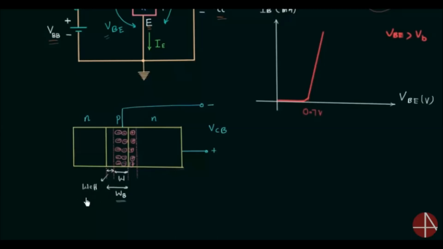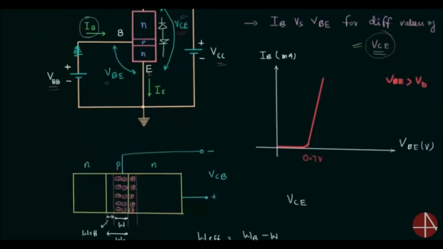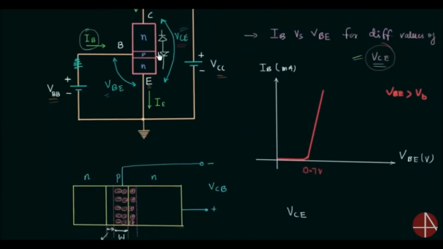I am calling this the effective width because recombination of majority charge carriers will take place only in this region. From here we can see W effective is equal to WB minus W, and VCE, the output voltage, is equal to VCB plus VBE.